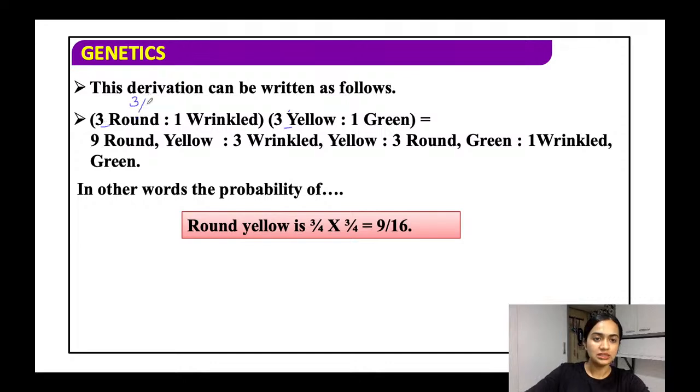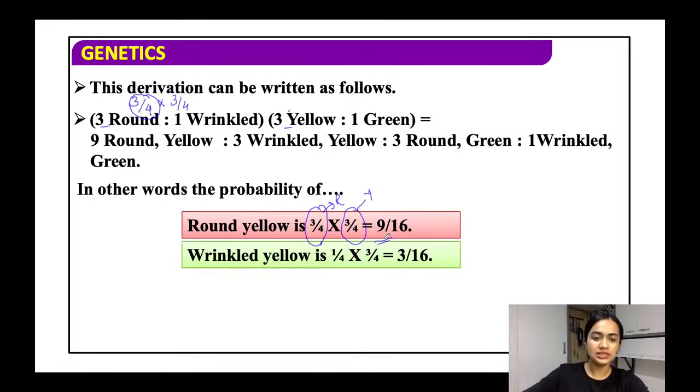So it is basically 3 upon 4 into 3 upon 4. That is, this is the probability of the round and this is that of the yellow. So we are just multiplying the probabilities and we get 9 upon 16.